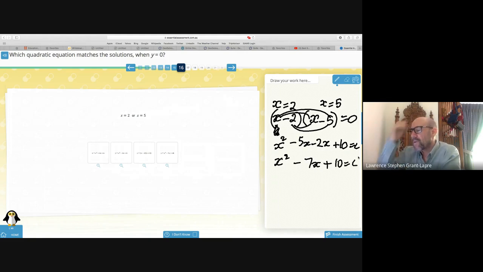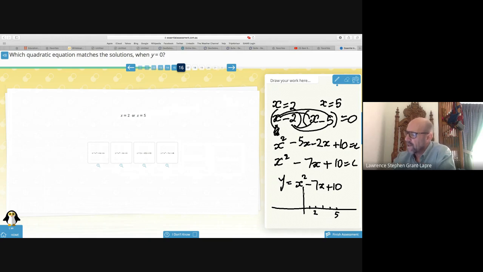And we want the quadratic formula, so y equals x squared minus 7x plus 10. By the way, also this graph crosses the x-axis at 2 and 5. It's a very bad quadratic equation. It'll cross at 10 up here.